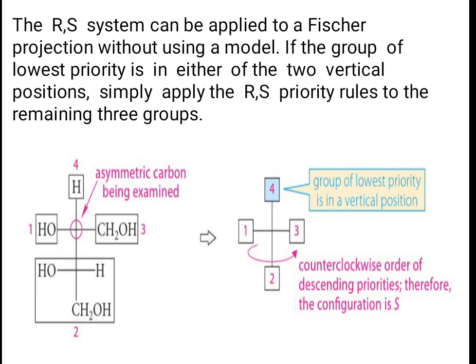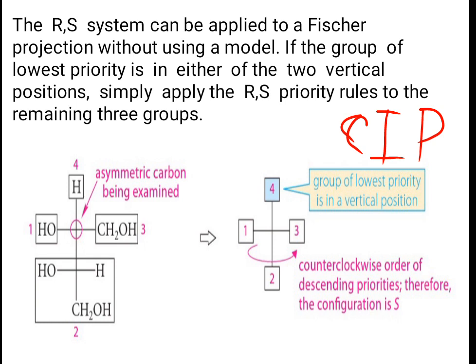The RS system can be applied to a Fischer projection without using a model. If the group of lowest priority is in either of the two vertical positions, simply apply the RS priority rules to the remaining three groups. You know that in RS nomenclature, you have to number all the four atoms connected with the asymmetric carbon, and you have to do it by CIP rules, Cahn-Ingold-Prelog rules.